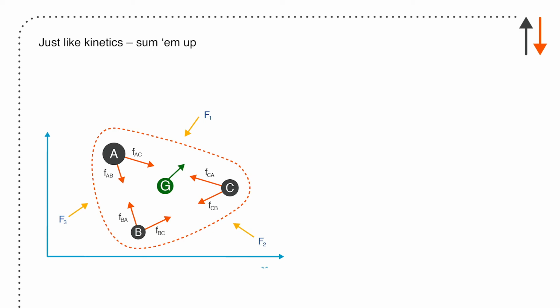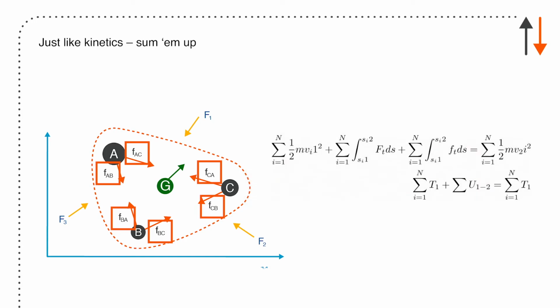System of particles, what do we do? Same thing as you did before in kinetics, you sum them up. You have internal forces here, which will do work, but they'll be opposed by other internal forces doing the same work in the opposite sense. And then you have external forces that are going to do work on the system. Everything is with respect to the center of mass, G. So I have 3 particles, A, B, and C. I have to solve for each of those particles, so Si from position 1 to Si2, where each i represents an individual particle.